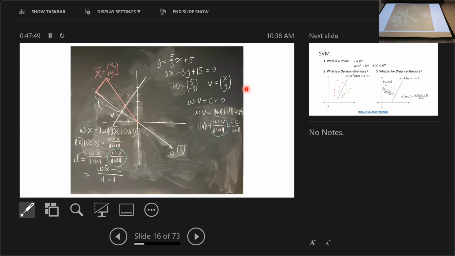This is d. So the d is the projection of our data point onto this line here. So the projection is x, which we know from the dot product. So this is the norm of x, norm of w, and cosine theta. That's here. Okay.